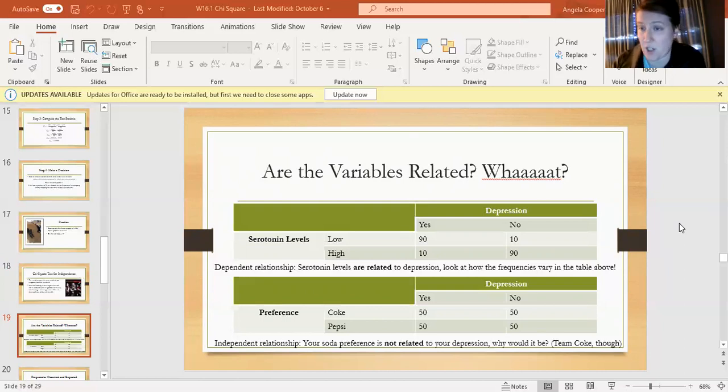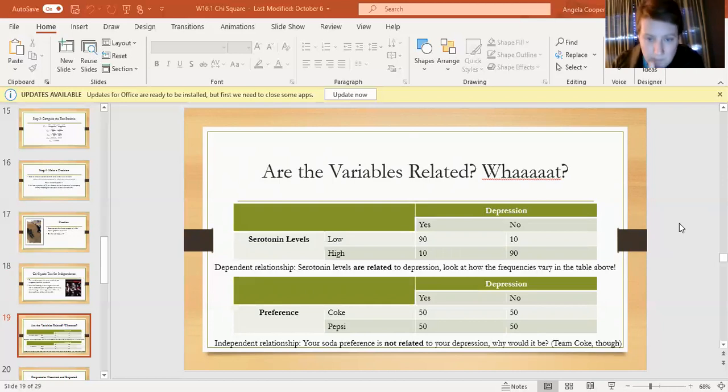So we have two categorical variables, depression and serotonin levels, and each has two conditions: yes or no for depression, and low and high for serotonin.